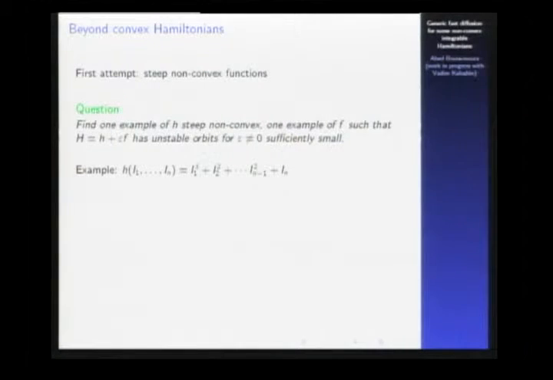You can put n equal 3, because, of course, you can make a silly perturbation that only involves these. So this is not the game. The game is that you have to consider these parts. So this is really the simplest steep non-convex function, and it's not known. I don't know how to do that.